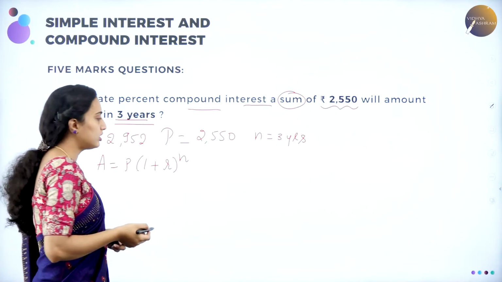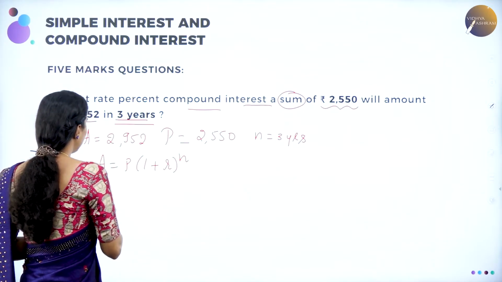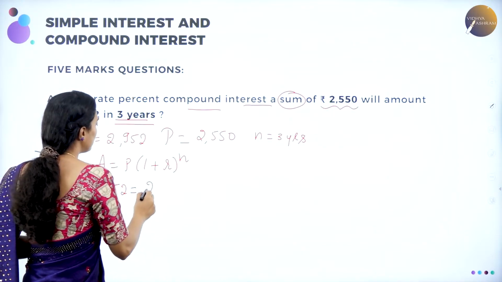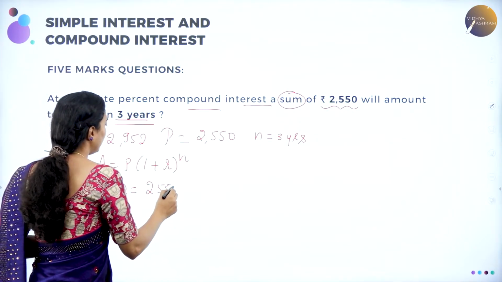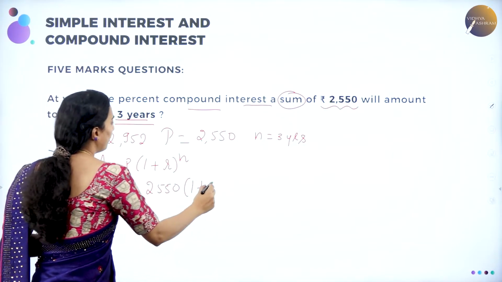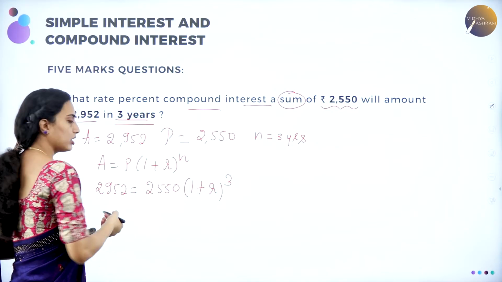Let me substitute here. I need to find out the rate of interest. A is 2,952 is equal to P is 2,550 into 1 plus R, which we don't know, to the power N, which is 3 years. Now I am going to cross multiply this.